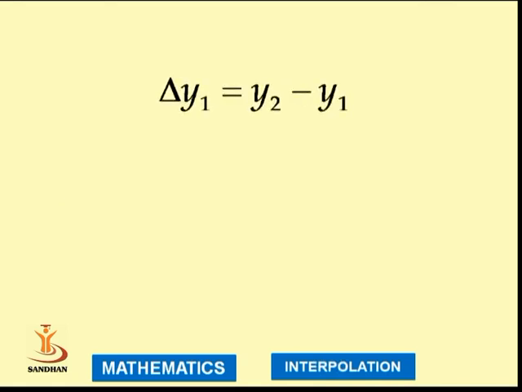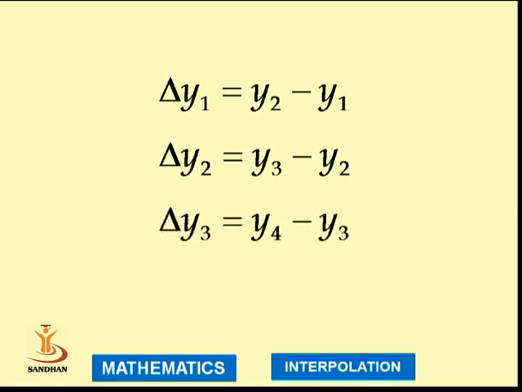Therefore, we can say delta y1 is equal to y2 minus y1, delta y2 is equal to y3 minus y2, delta y3 is equal to y4 minus y3, delta yn minus 1 is equal to yn minus yn minus 1. Now we'll wonder that we had already n points. Then why delta yn minus 1?